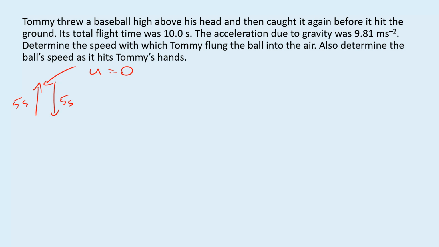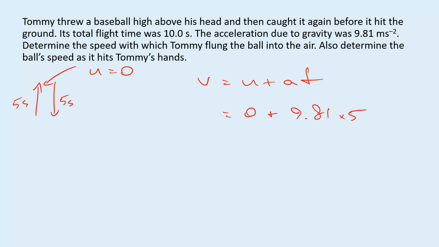So we're actually doing part B first. What we have in terms of an equation is V equals U plus AT. Now, of course, U equals 0. So we have 0 plus the acceleration due to gravity, 9.81, multiplied by the time. We're only looking at half of the total flight time, so we're multiplying it by 5.